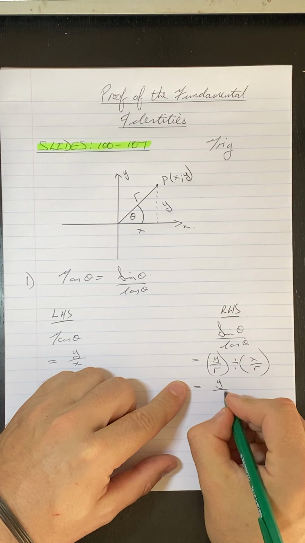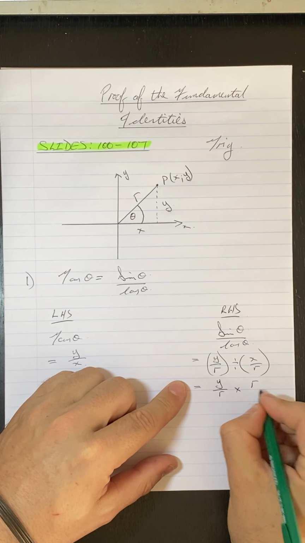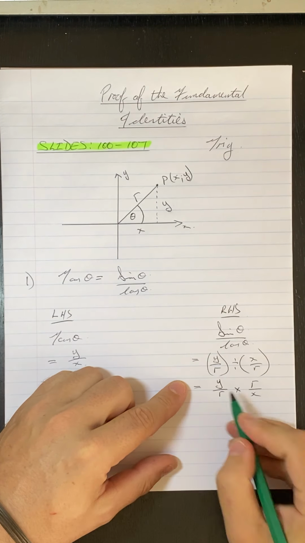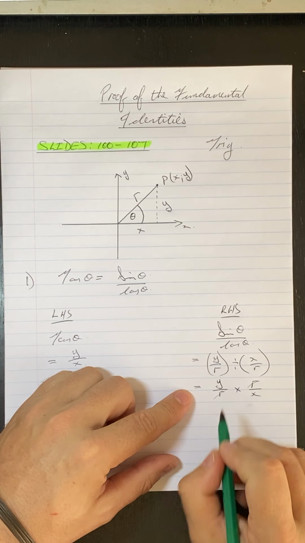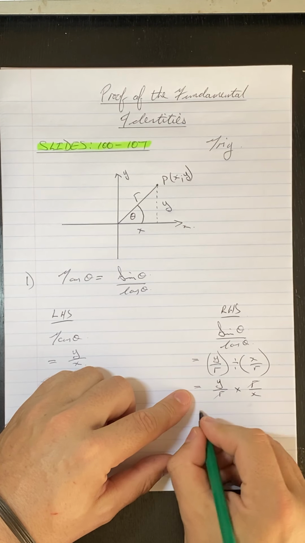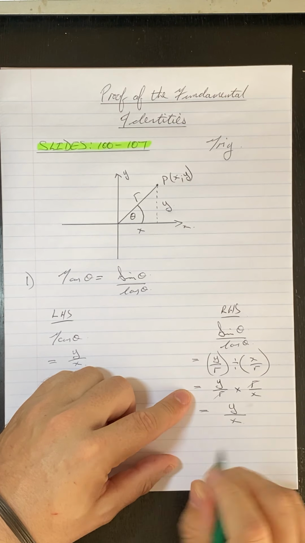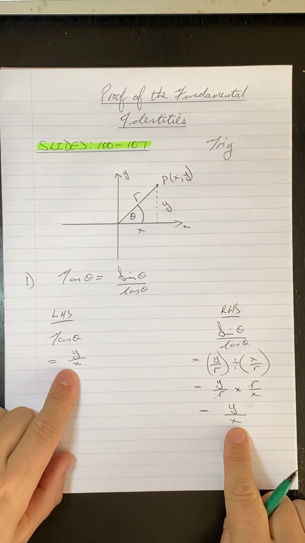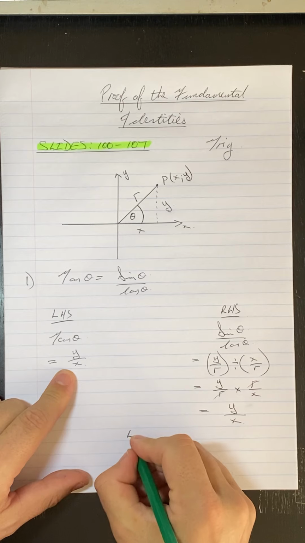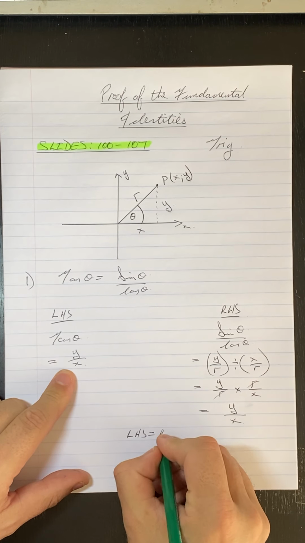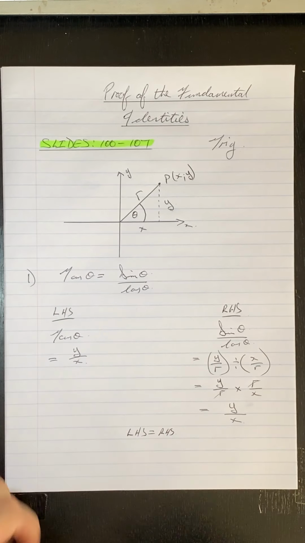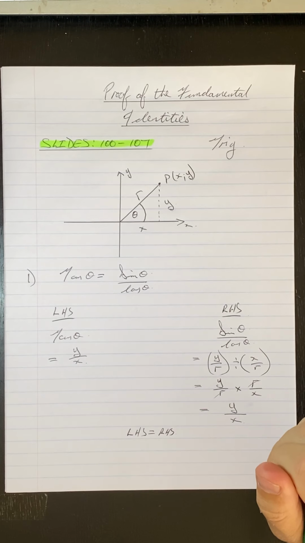So this will be y over r times r over x. Now you can see that the r's will cancel, and I've just got y times 1 is y over 1 times x is x. That is exactly the same as that. So left-hand side equals right-hand side, and we've proved it.